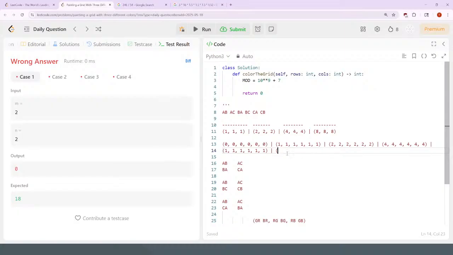What does this represent? Which direction am I going with?